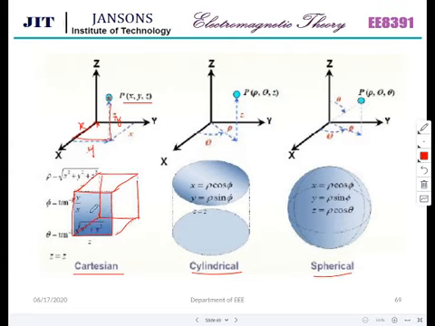Now, which plane can we call this surface? This is the y direction and this is the z direction, so we can call this surface the yz plane.